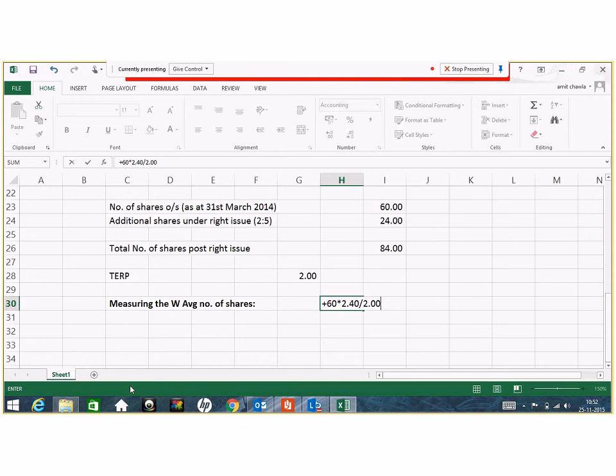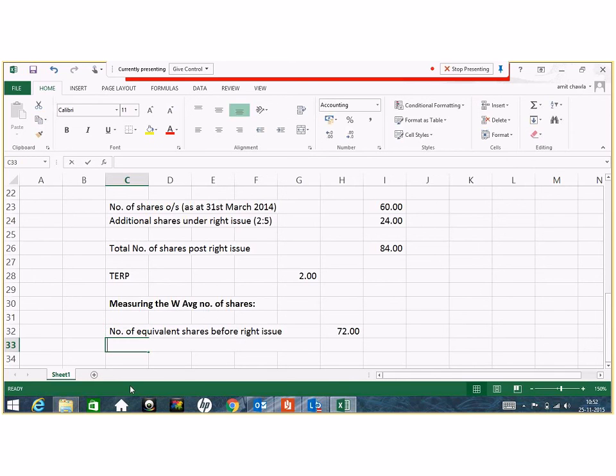But then since this was issued 6 months in, as a proportion, I may even exclude that. But what we're looking at is this is the number of equivalent shares before rights offer, that is 72, and number of shares post rights issue are given as 84.